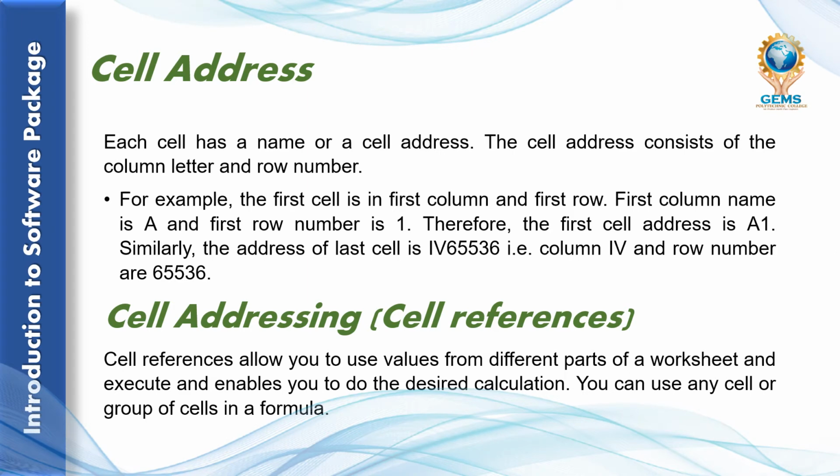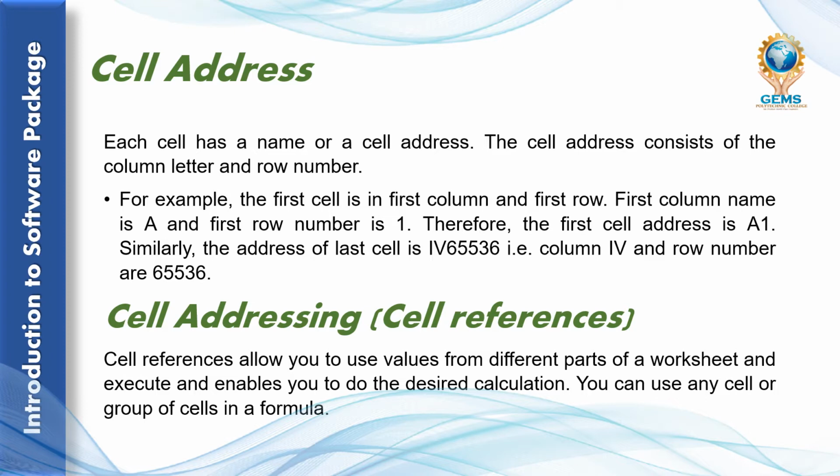So a cell address is nothing but each cell has its own address. Okay, so it has its own name. The cell address consists of a column letter and a row number. For example, the first cell is in the first column and the first row.